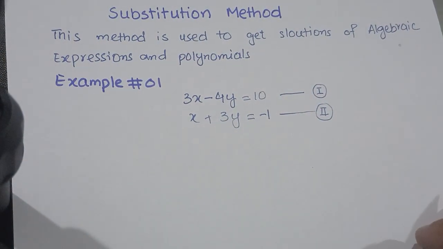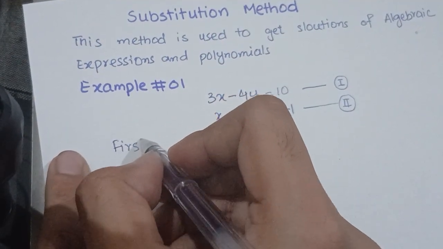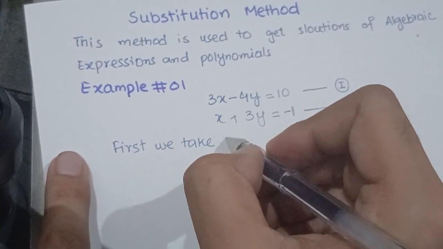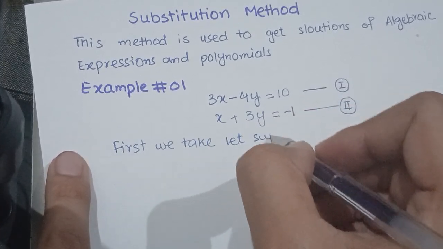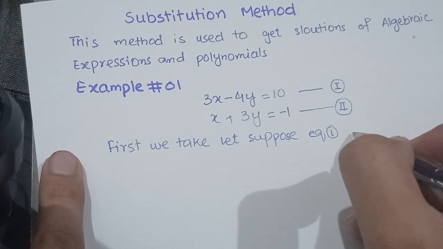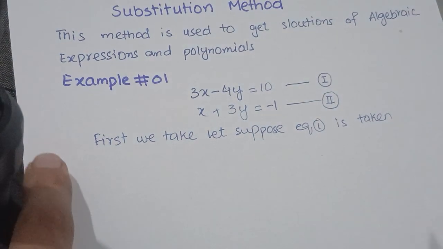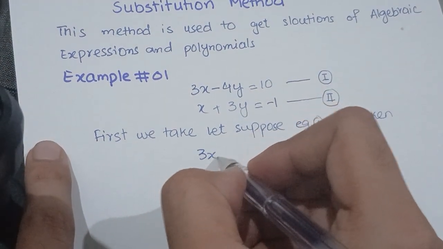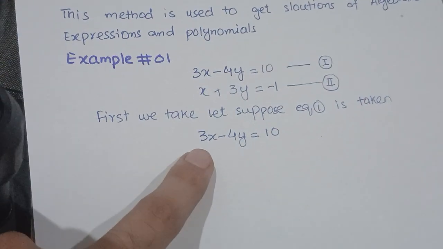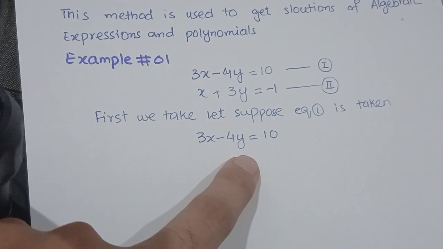So what we do in substitution method, we take any equation. Let's suppose equation number 1 is taken. So in this equation number 1 we have 3x minus 4y is equal to 10. We will get either x or y.